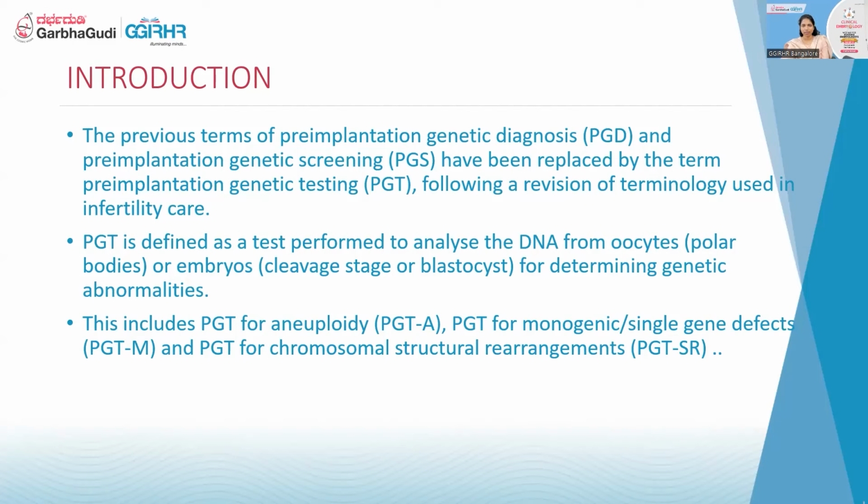If you want to test monogenic or single gene defects, it is termed PGT-M, where M is for monogenic. And PGT-SR is for structural rearrangement of the chromosome. So we have three types of PGT: PGT-A for aneuploidy, PGT-M for monogenic or single gene defects, and PGT-SR for structural rearrangements.